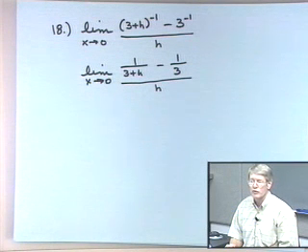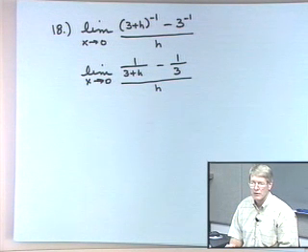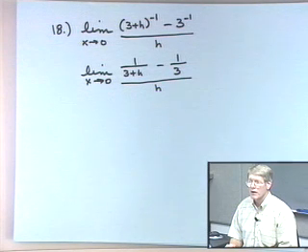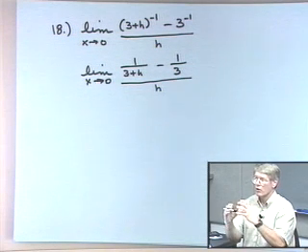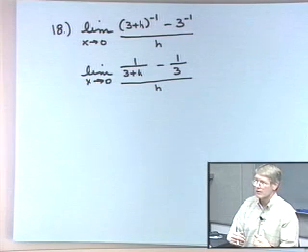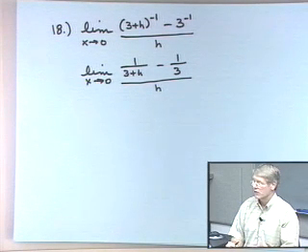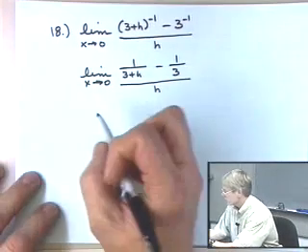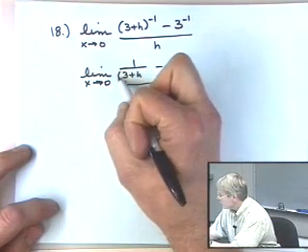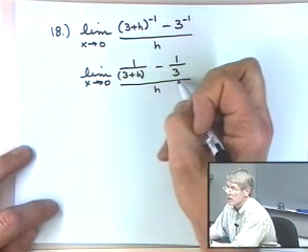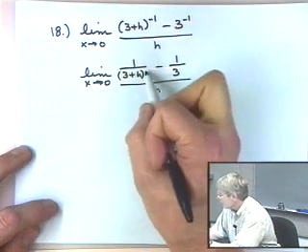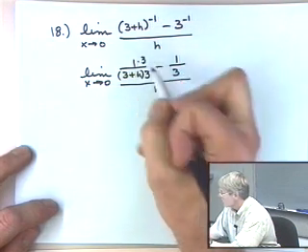The difference of two fractions. Least common denominator in the numerator. So we're going to work in the numerator. Denominator's fine. It's h. You're not going to simplify that very much. The numerator is the difference of two fractions. So the common denominator would be their product. So we need a 3 here in the bottom.